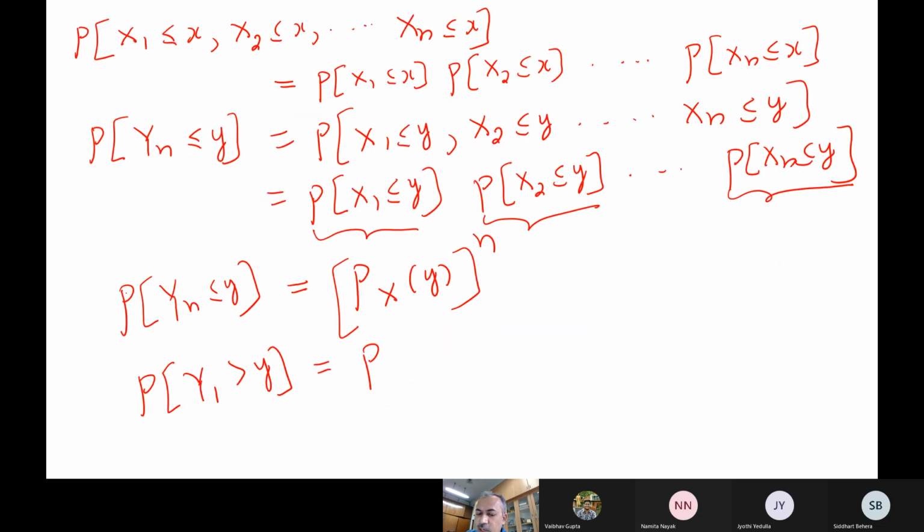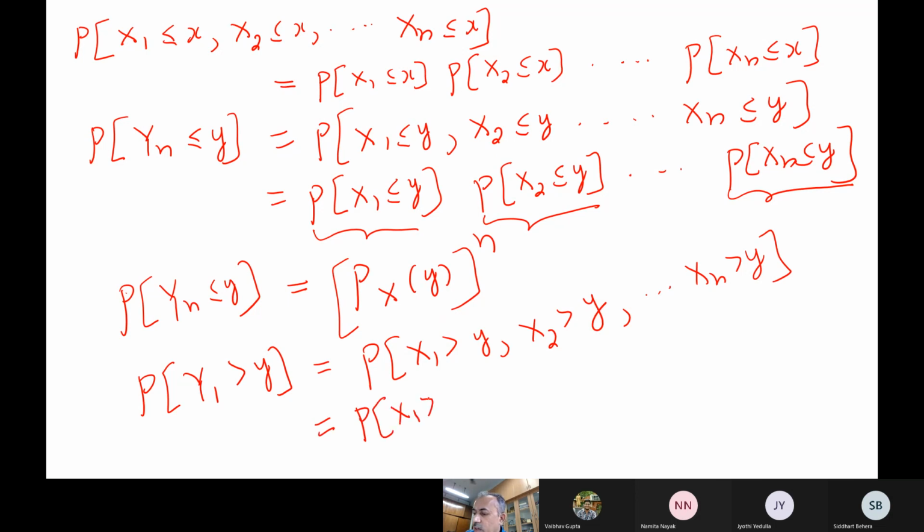So we can write this as X1 less than or equal to y, then X2 greater than y. There is no equal to here. Like this, X_n greater than or equal to y, assuming identical and independent. So this can be written as the probability of X1 greater than y multiplied by X2 greater than y, and so on until X_n greater than y.